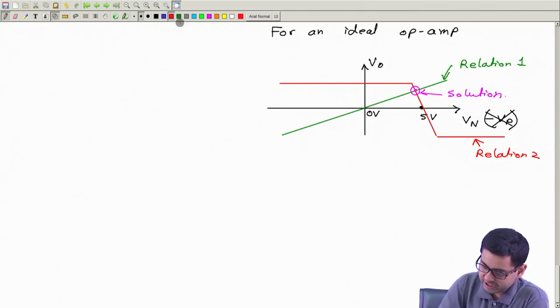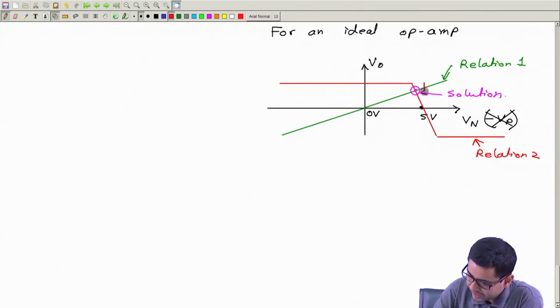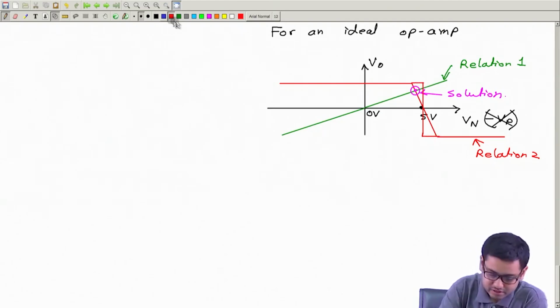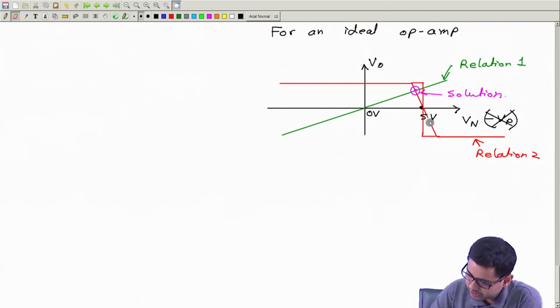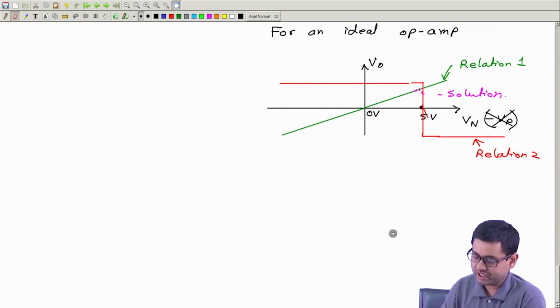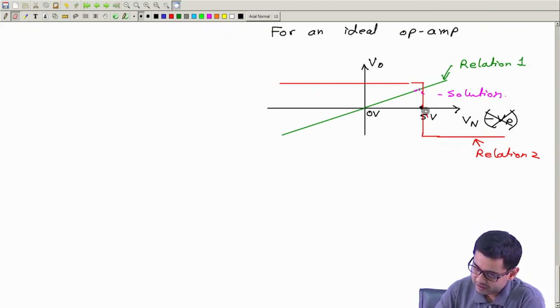What is the modification I have to do? I have to make this line as vertical as possible, and I can erase the previous one. So now the solution will be at this point. So this is now the solution.